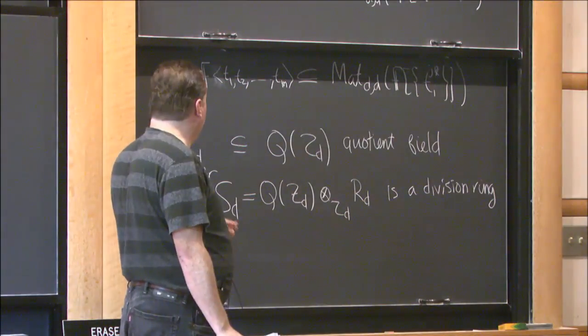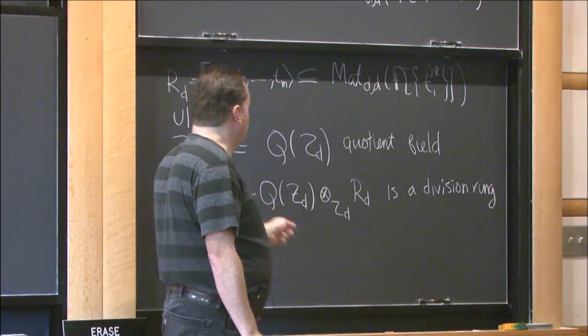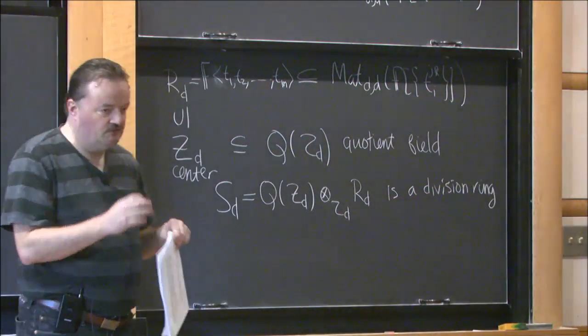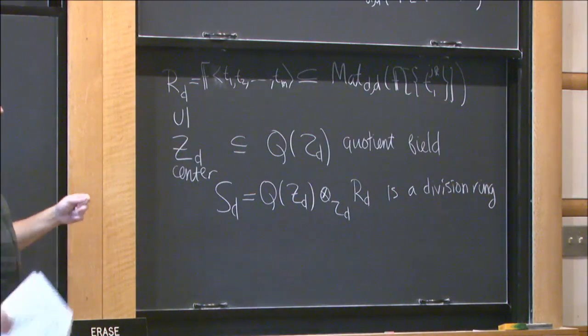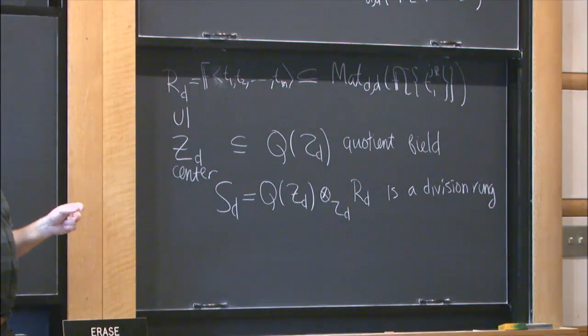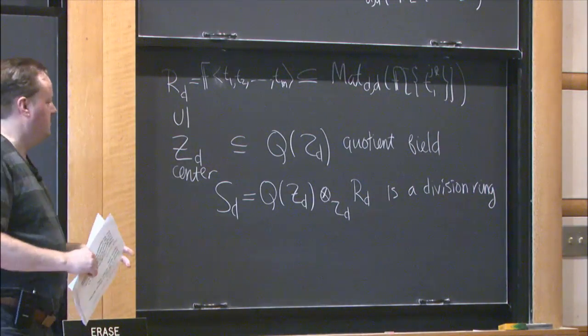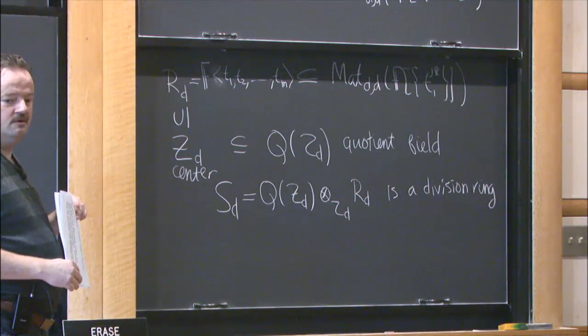Now, a division ring is like a field, but a non-commutative version. It's a ring that may not be commutative, but every non-zero element has an inverse. So that's a division ring or a skew field. In the usual polynomial ring, the center is trivial, it's just a field.